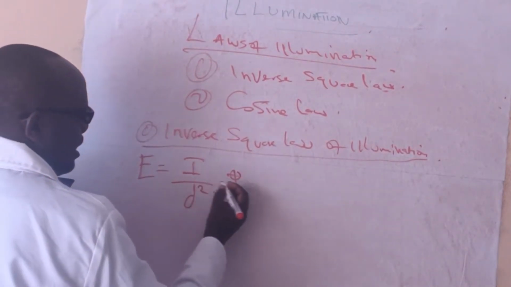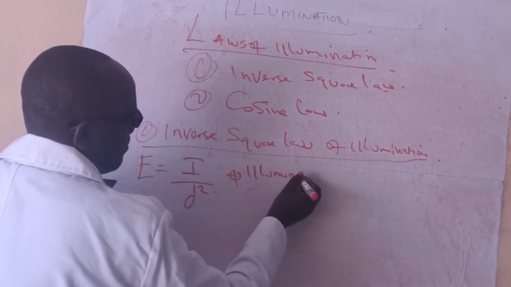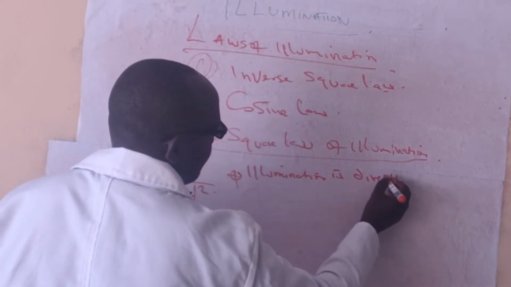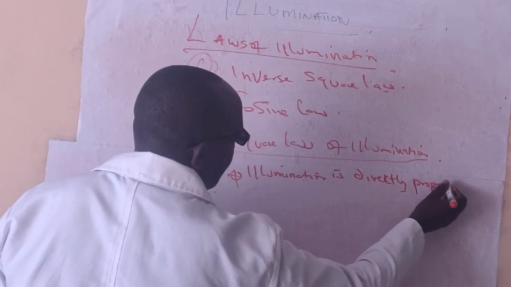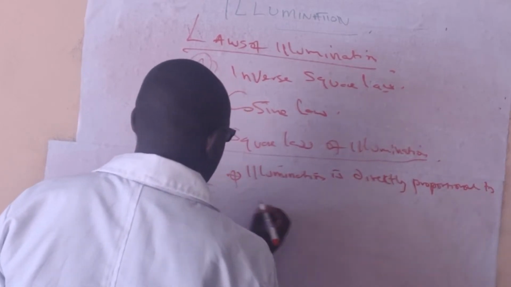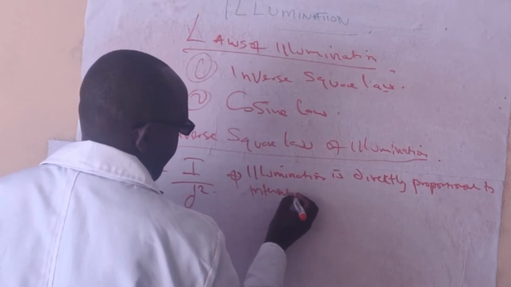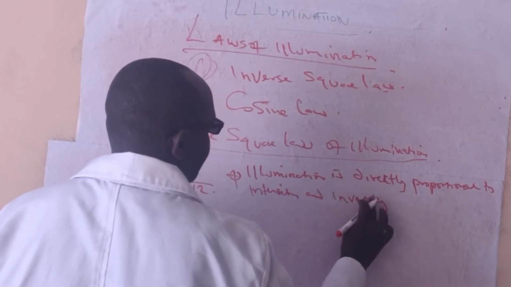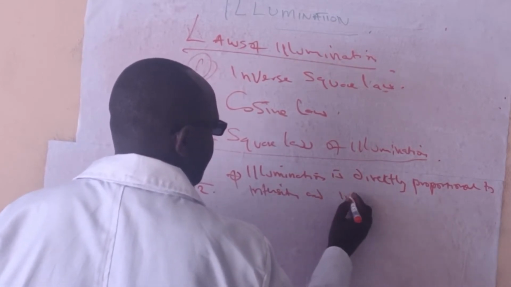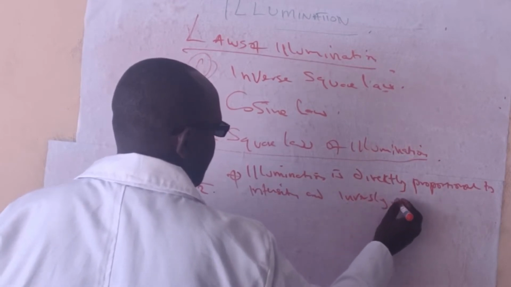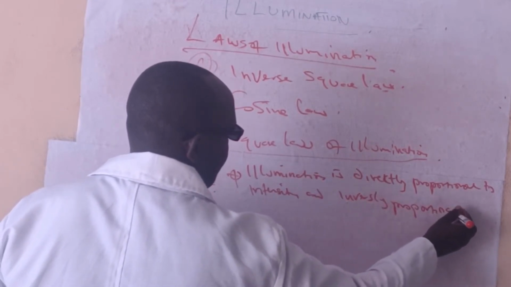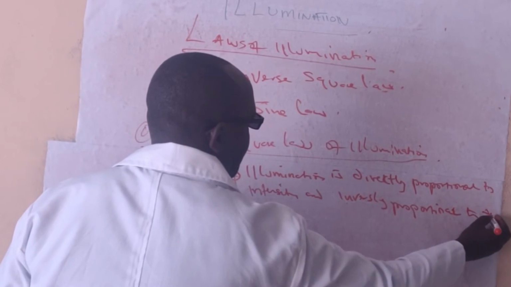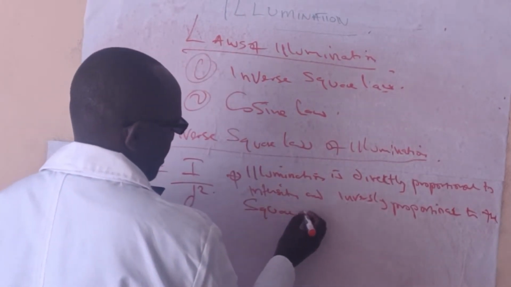So illumination is directly proportional to intensity and inversely proportional to the square of distance.